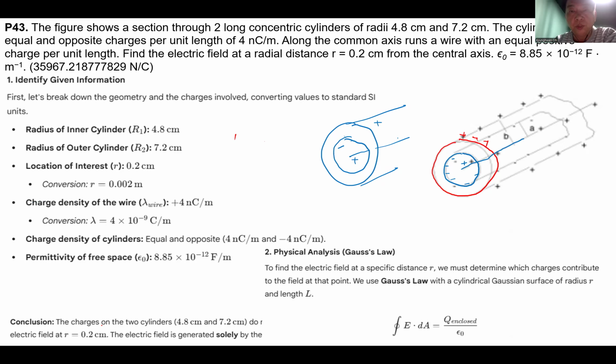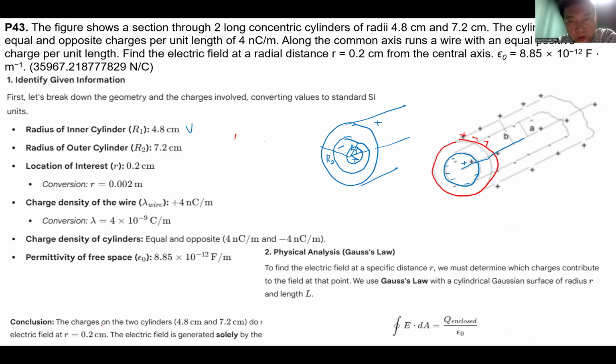It looks a little bit complicated, but applying Gauss's law, you can solve this problem more systematically, and then it is surprisingly easy. So we have a radius of the inner cylinder, R1, and a radius of the outer cylinder, R2. Our location of interest is R equal to 0.2, which is inside.